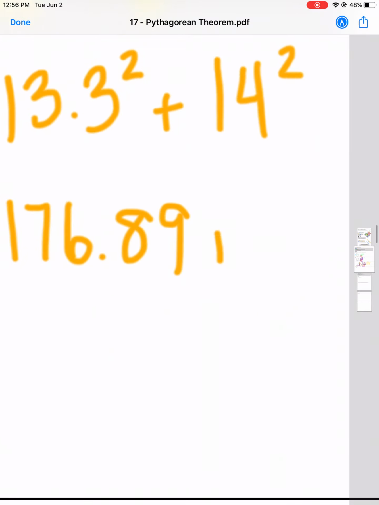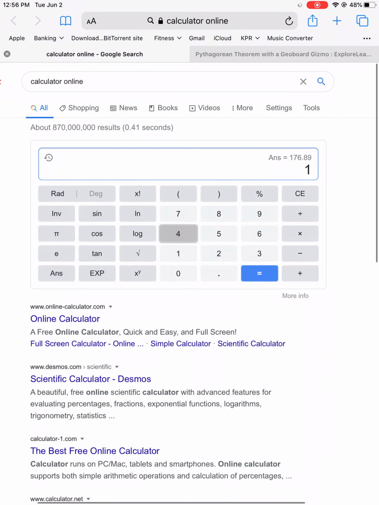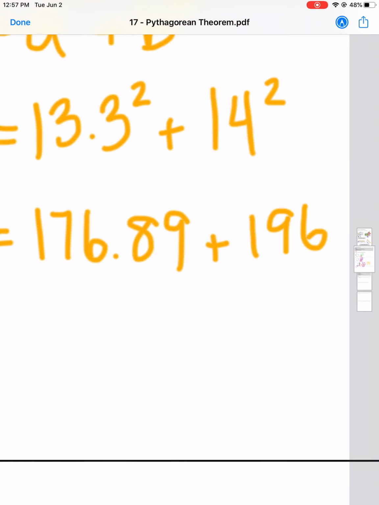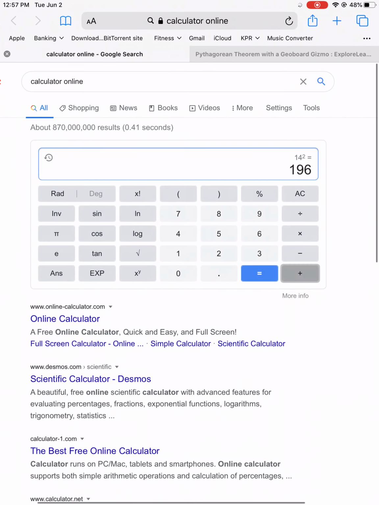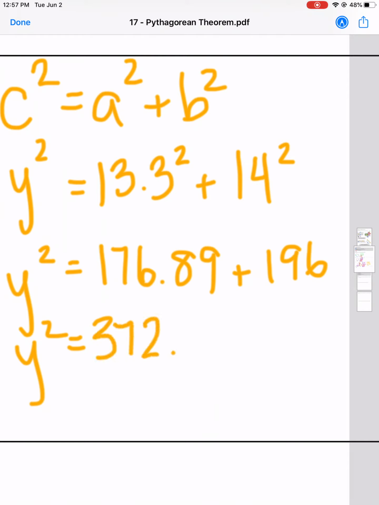What's 14 squared? 196. Okay, we're going to add those two together. 372.89. Now we've got to square root that.